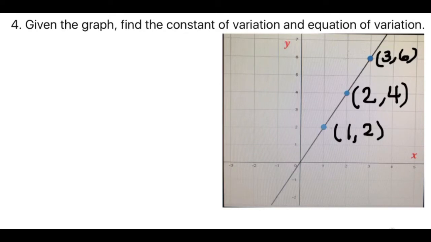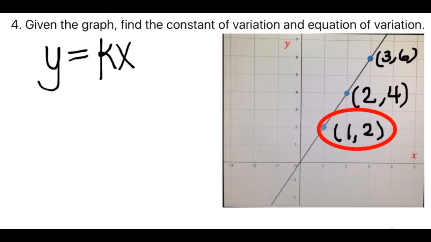So, if we are going to write down the equation, we are going to have y equals k times x. And then, kukuha lang tayo ng isang ordered pair na isa-substitute dun sa equation. So, either of those 3 points pwedeng gamitin. So, ang kunin na lang natin is yung 1 and 2. So, yung 1, ipalit natin sa x, and then yung 2, ipalit natin dun sa y.